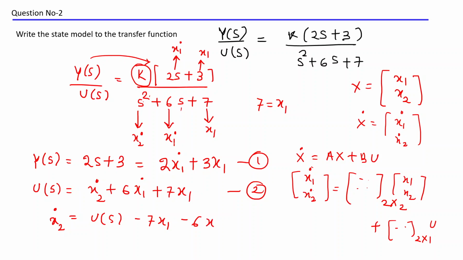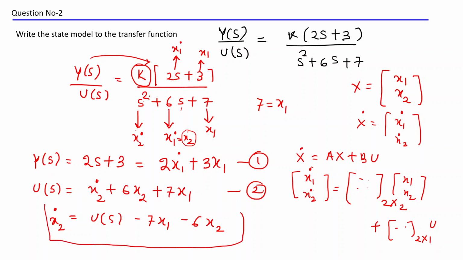But x1 star is nothing but your x2, as I told you. So x1 star equals x2, and the derivative is x2 star. Replacing, it will be minus 7x1 minus 6x2.